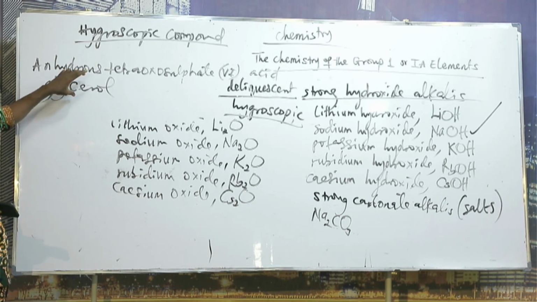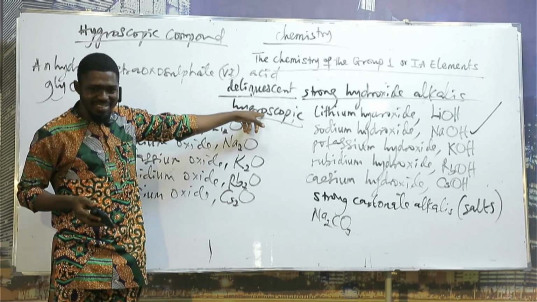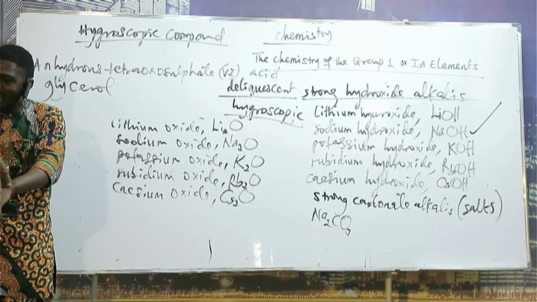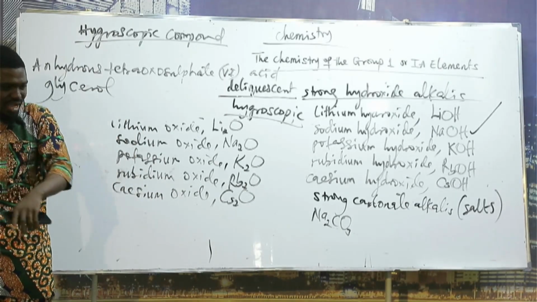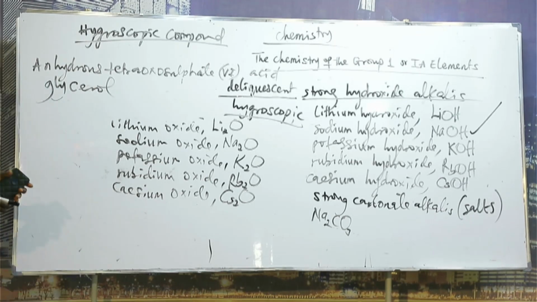That is the function of glycerol in cream. When you rub it, it will attract moisture to your skin, making your skin smooth and shiny. So that is the reason for using it to make cream. It is hygroscopic.